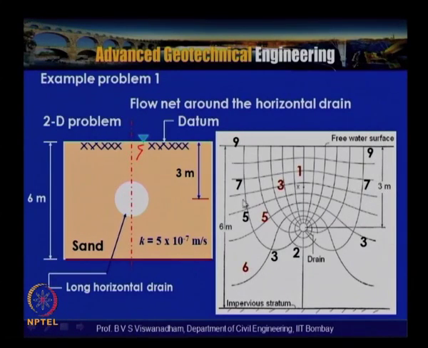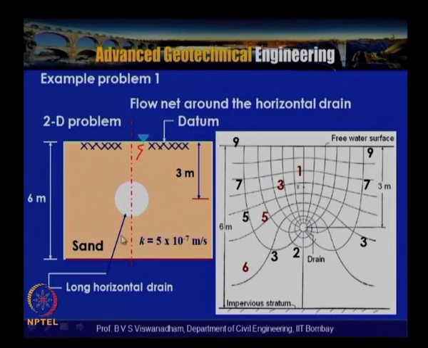If the flow net is constructed, it will be like this, and being symmetric, you can have two identical flow nets. This is also an example of radial flow nets, wherein you have the equipotential lines running like this and flow channels running towards the periphery, surrounding the pipe.